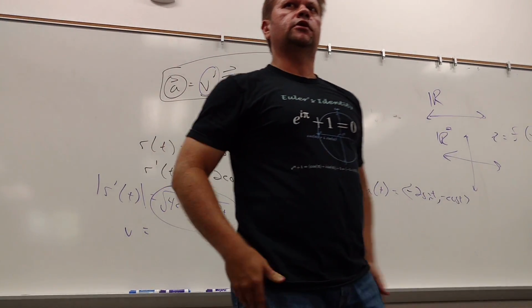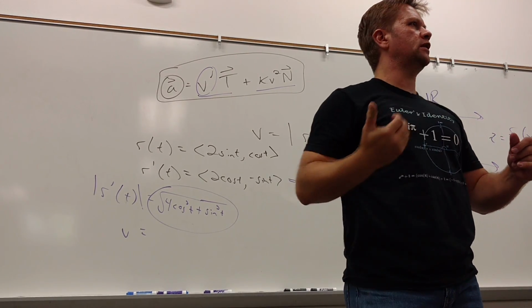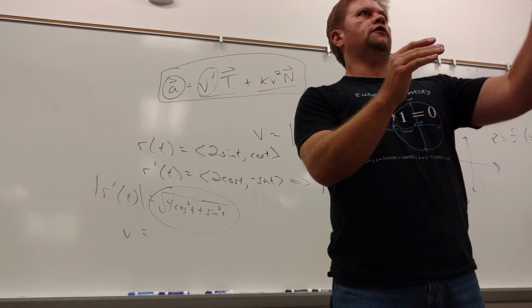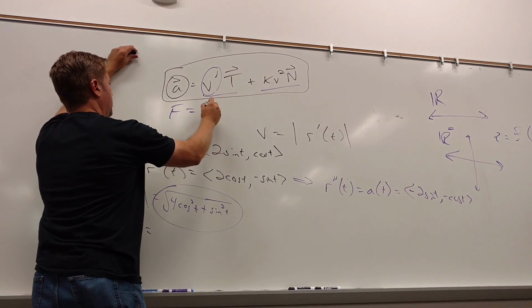Anytime I turn in a curve, there is some force that's making me move in that direction, that's actually making my velocity change. If I put this up here, does this look familiar to anybody?